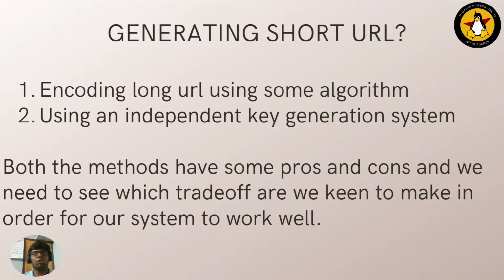You use some algorithm, you find out the hash of the particular long URL. It could be MD5 or SHA-256 or any other hashing algorithm. That's not the ambit of this discussion. So we create a hash of that and then we find an encoding scheme, maybe base 64, and then we create a shorter URL and return it.